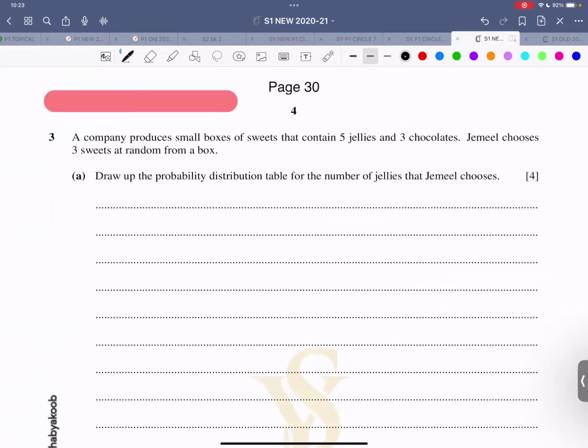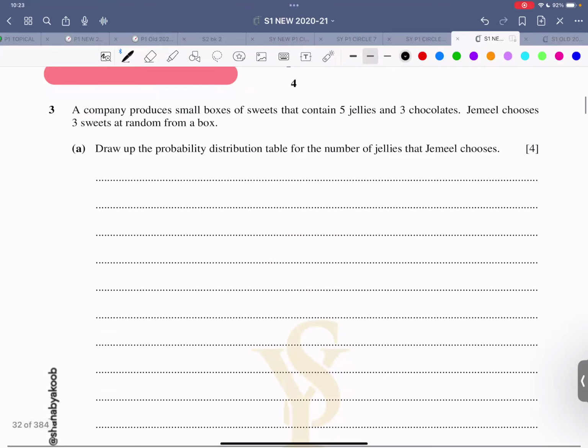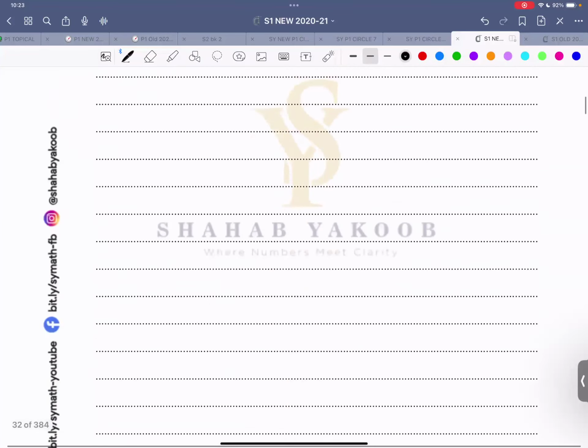Now, the third question. It says a company produces small boxes of sweets that contains 5 jellies and 3 chocolates. Jamil chooses 3 sweets at random from a box. So now it says draw up a probability distribution table for the number of jellies that Jamil chooses.